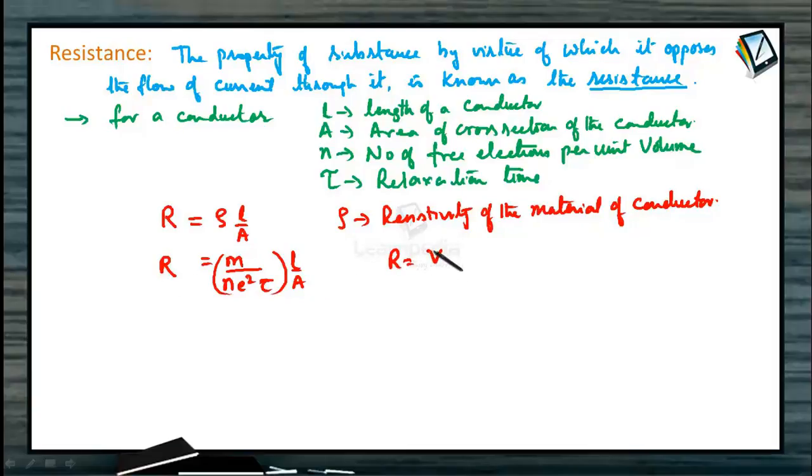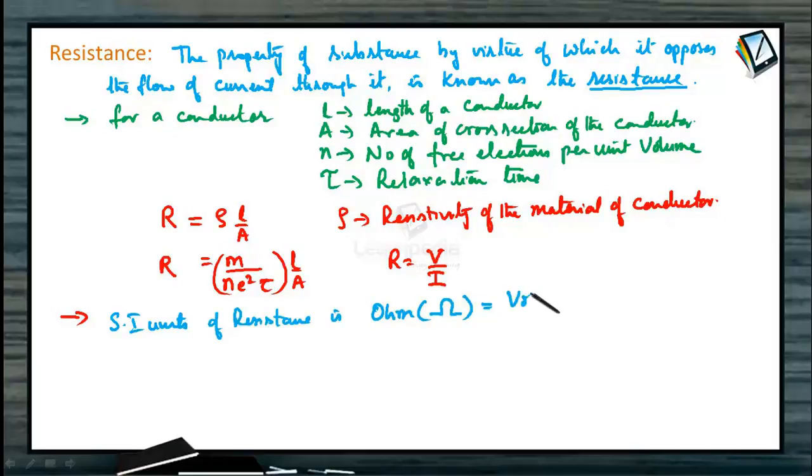R is also, as we wrote just now by Ohm's law, V by I. So its units: the SI unit of resistance is ohm, with the symbol omega, and it can also be written as volt by ampere. 1 ohm is the resistance of a conductor when 1 ampere of current flows through it for a potential difference of 1 volt.